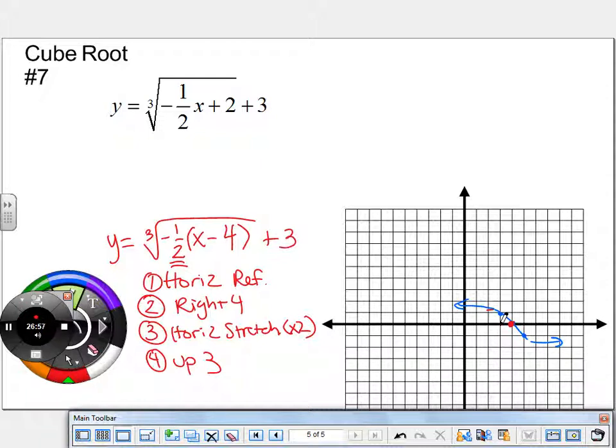So instead of being 1 away, I want it to be 2 away because 1 times 2 is 2, so that point's going to end up there. And then the same thing here, right? And make sure it makes sense. So the new graph's going to look like this. Okay? And that kind of looks like we took it horizontally and stretched it out a little bit.